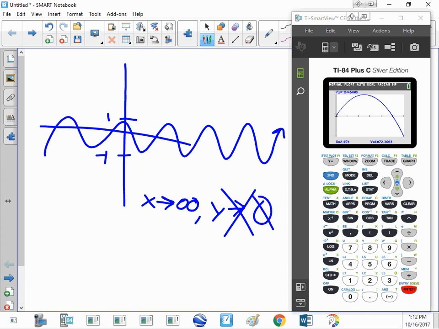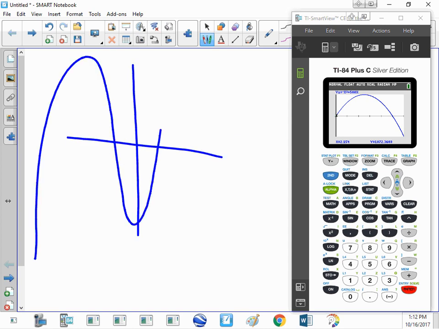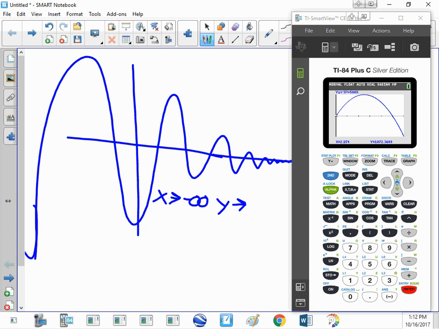Okay, what if I had this? As x goes to the left, y approaches, it's any number between infinity and negative infinity, so this doesn't exist.